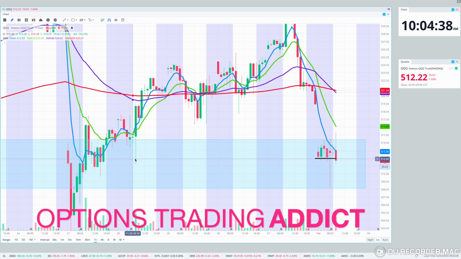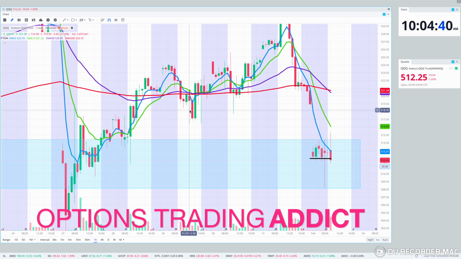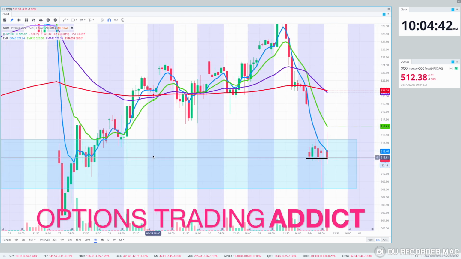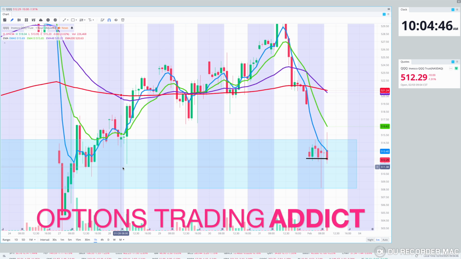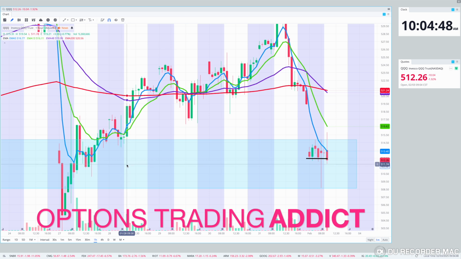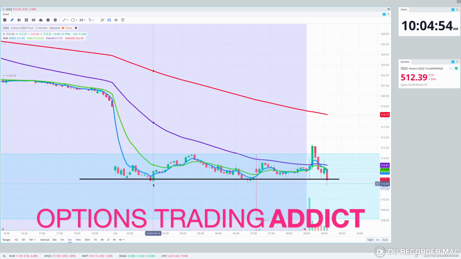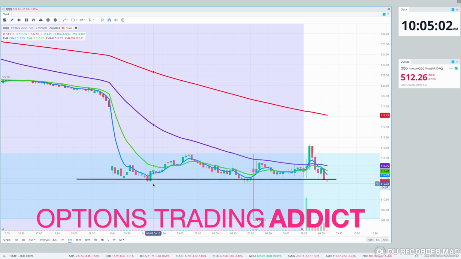It went up, came back down, went up. So I think the 512 mark is an area of support. I've got to see if it's going to break on down away from it, because it's hit that many times and then shot back up. So I'm kind of iffy on taking a put here.